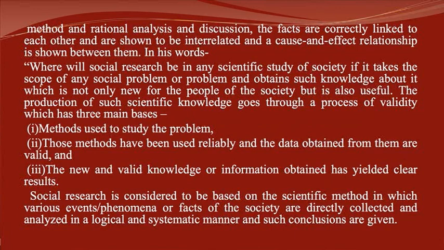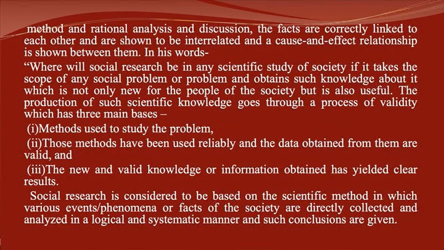Social research is considered to be based on scientific method. When we talk about the scientific method, we mean systematic methods, and we have to follow four important steps. First is observation, then collection, then classification and tabulation, and then generalization. This is known as systematic method, and through systematic method we reach the final conclusion, that is generalization.